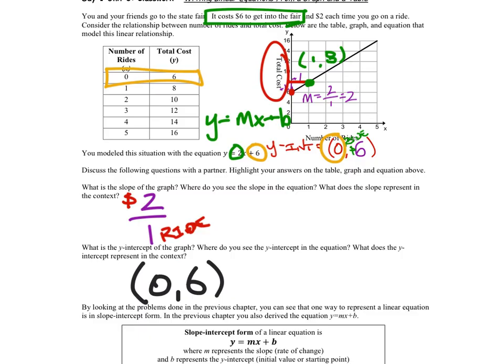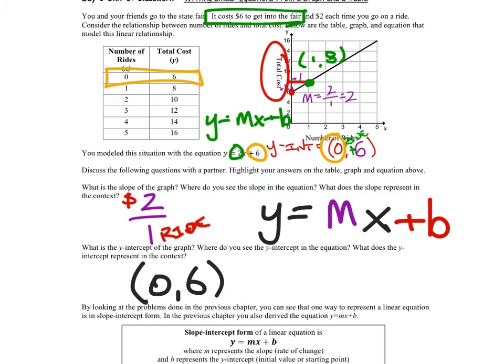Well, as long as we have these two things, the slope and the y-intercept, it is very easy to write the equations for lines. Because in the slope-intercept form, we got y equals m, which is the slope, times x. And then, of course, we add the b value, which is the y value there, okay?